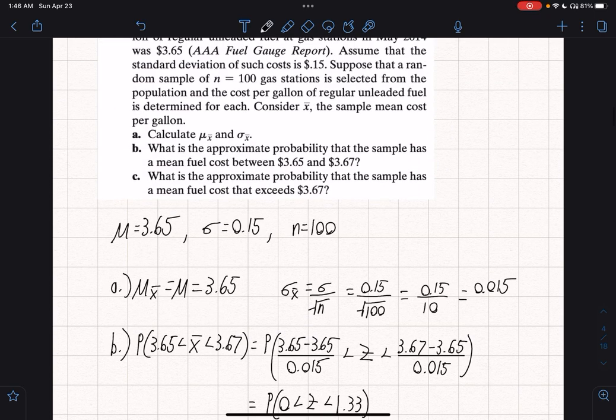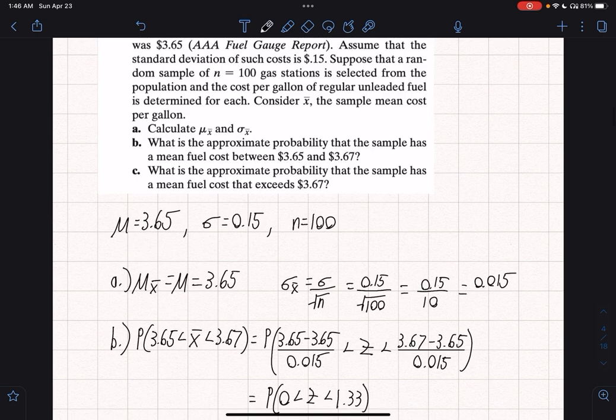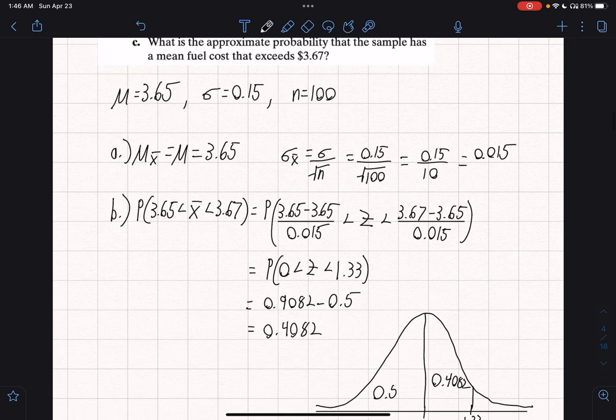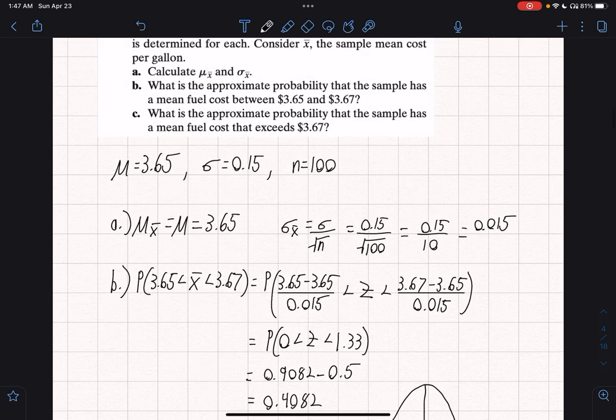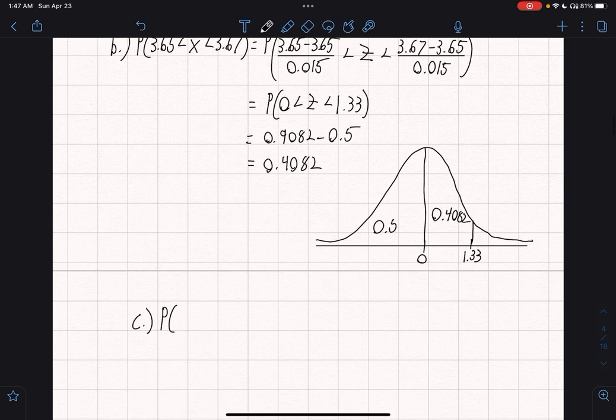Okay, part C, what is the approximate probability that the sample has a mean fuel cost that exceeds 3.67? Okay, so part C, probability that the sample has a mean fuel cost greater than 3.67. So x bar bigger than 3.67.